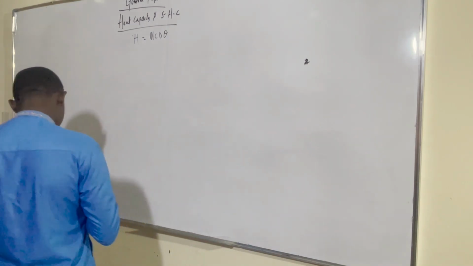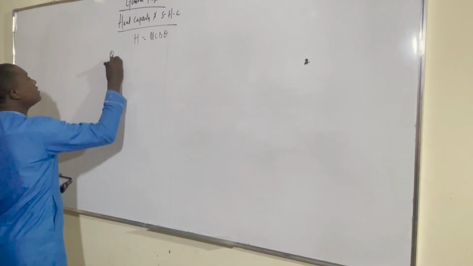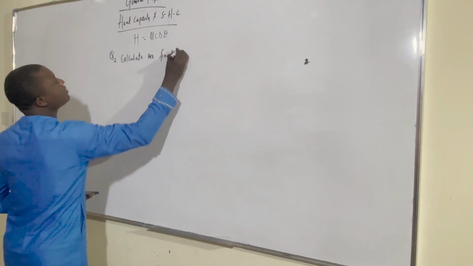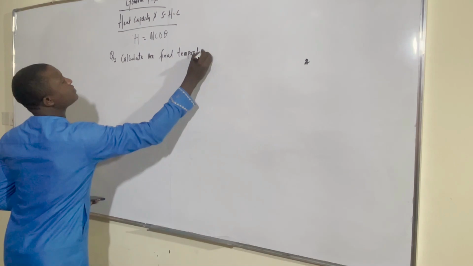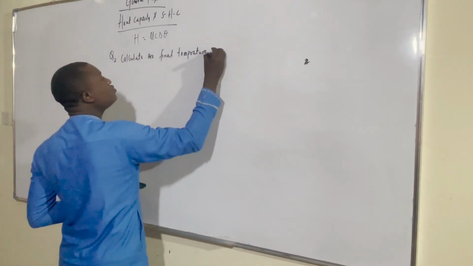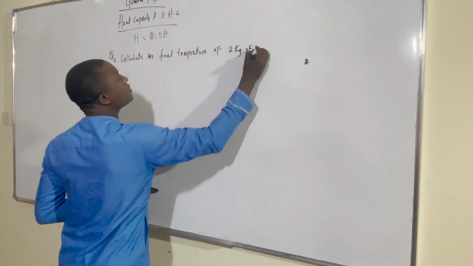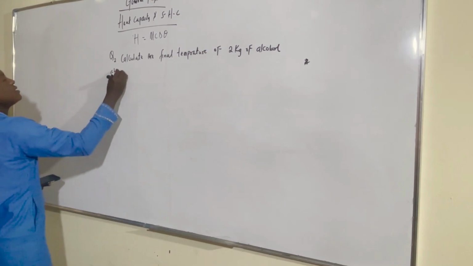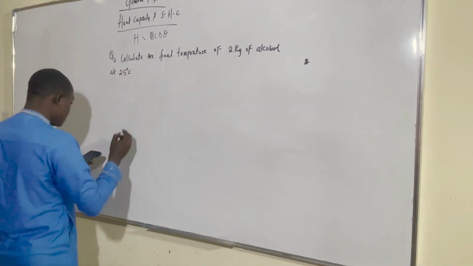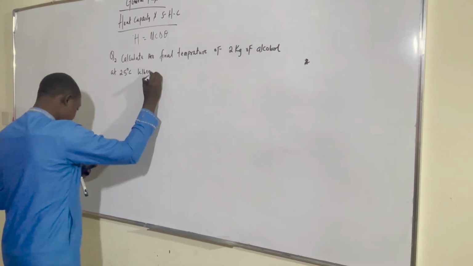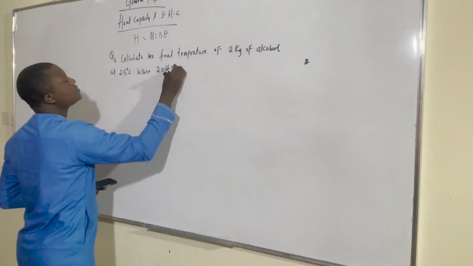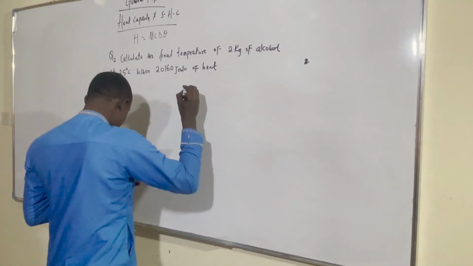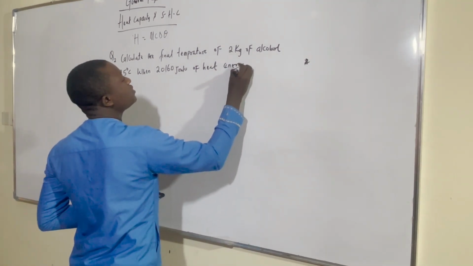So let's see another example and see how we are going to solve it. They say, calculate the final temperature of 2 kilograms of alcohol at 25 degrees Celsius when 20160 joules of heat energy is added to it.